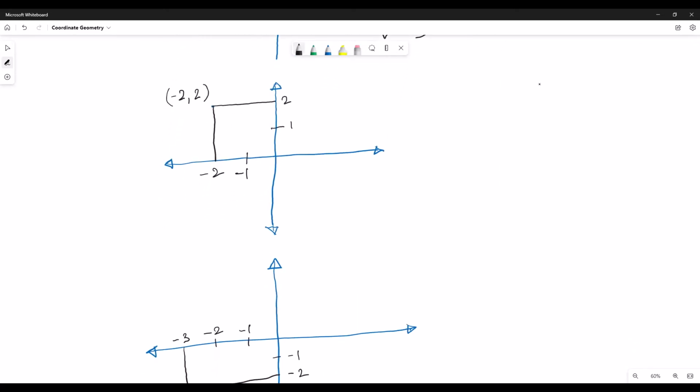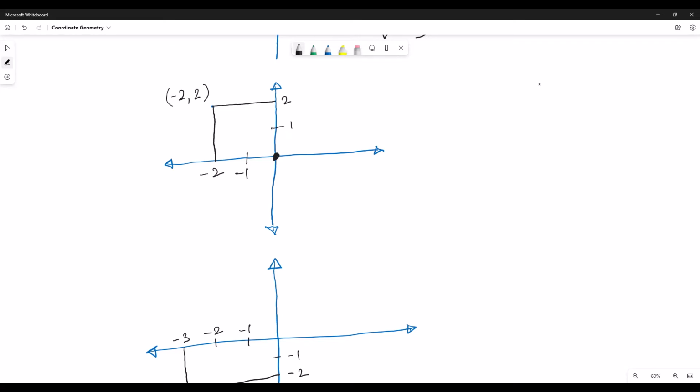Likewise, this point is on the left side of the origin. We call this point the origin. So from the origin, this is minus 2 units away and plus 2 units above this line.